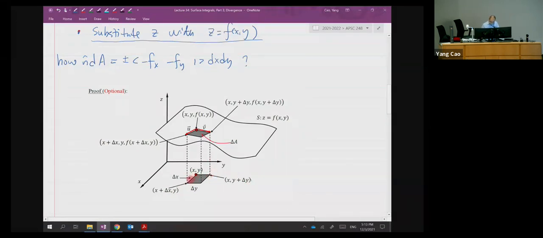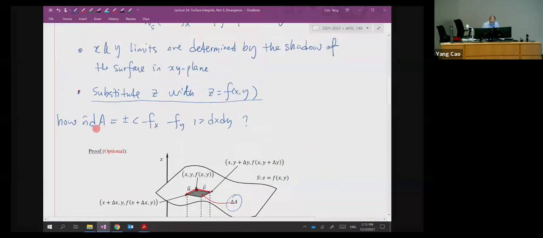Then this little patch in the xy plane, if you extend it up to the surface, you get, similarly, a little patch on the surface. This little patch is what we call delta A. If it's small enough, it becomes dA. So dA is basically that patch over there.